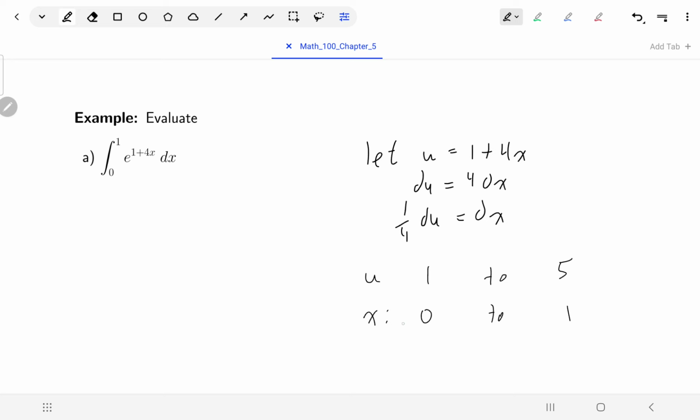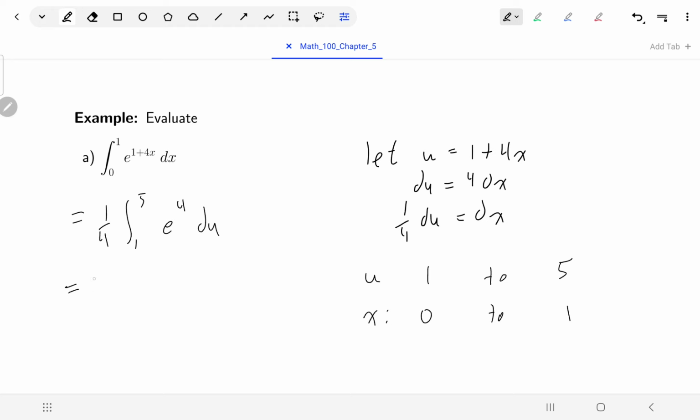So instead of my limits of integration going from 0 to 1, they will be going from 1 to 5. So in terms of u now, we're going from 1 to 5. And instead of e to the 1 plus 4x, it'll be e to the u. And instead of a dx, it'll be a 1 quarter du.